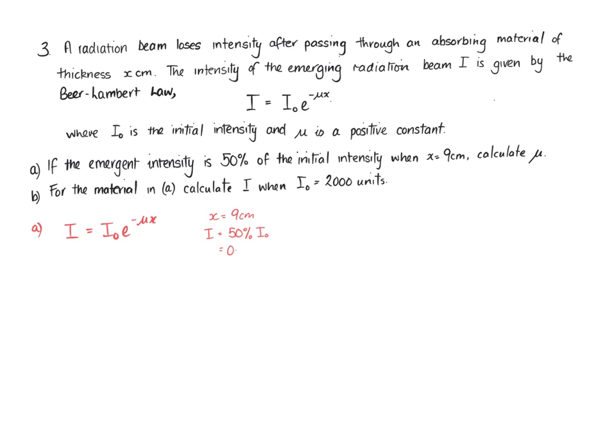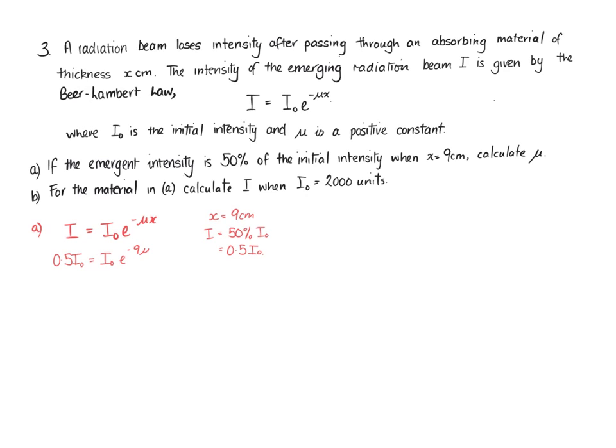So 50% is 0.5. Now we've got everything we need, so we can substitute in. We get 0.5 I naught on this side is equal to I naught e to the negative 9 mu.